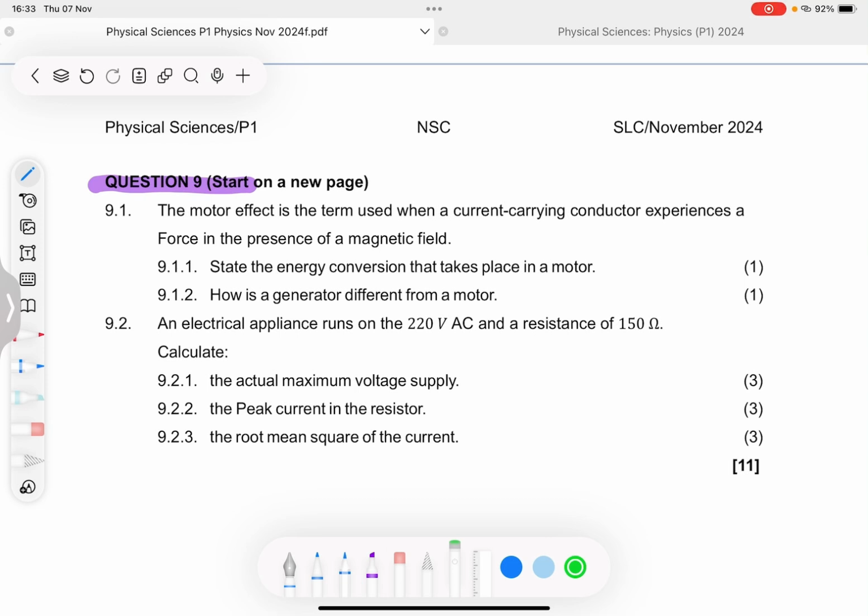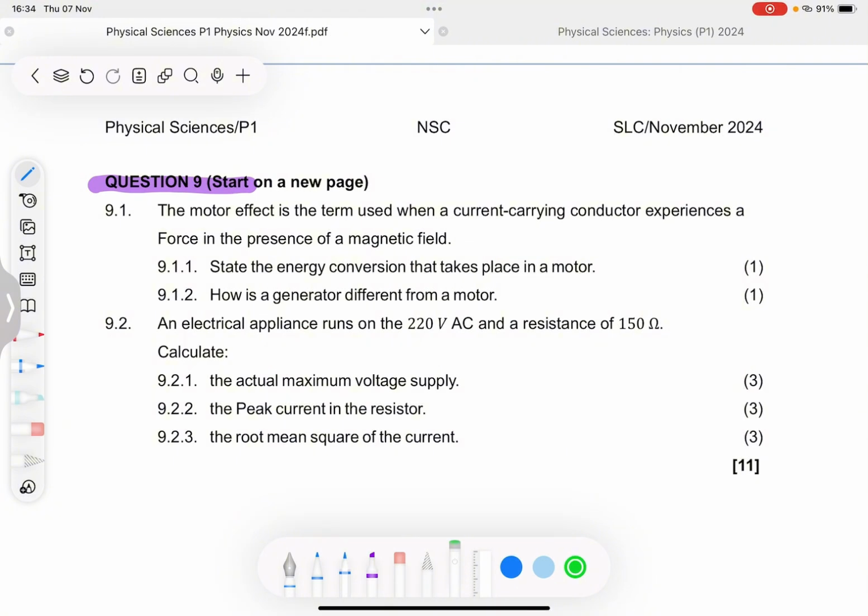So the question reads as follows. 9.1. They say the motor effect is the term used when a current carrying conductor experiences a force in the presence of a magnetic field. Obviously, we know that here we have a power source that is generating electricity, and there's a flow of charge in the conductor going towards the two magnets, right?